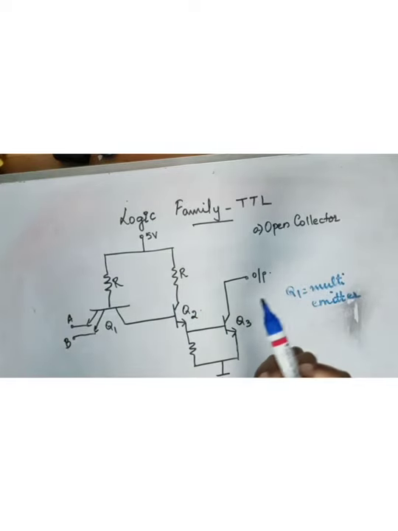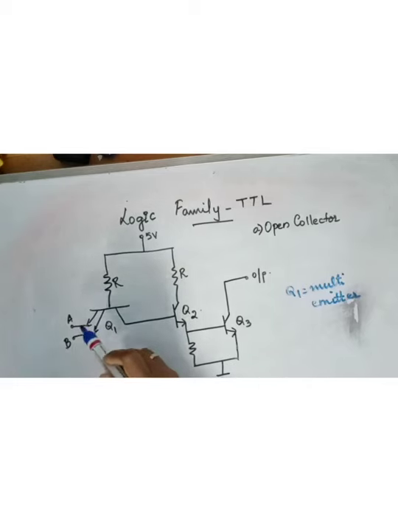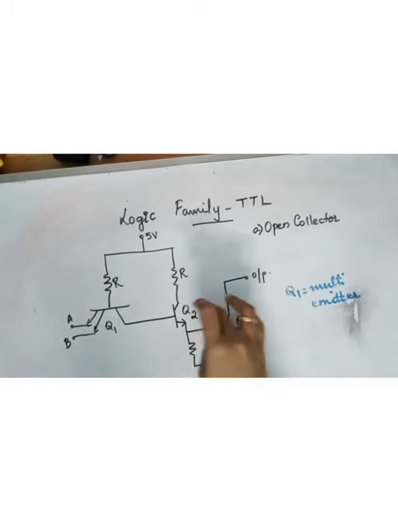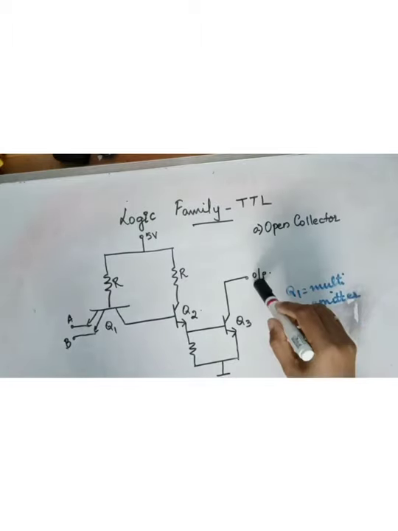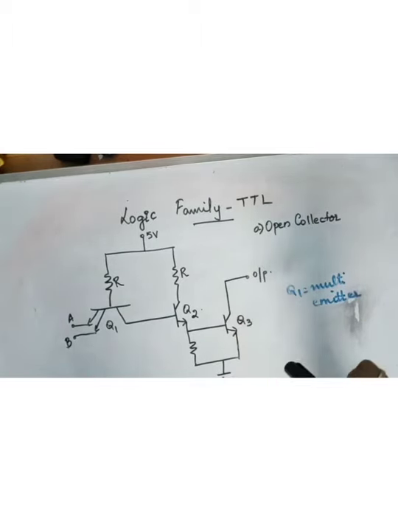Here you have multi-emitter, and depending on how many inputs there are for your gate, so many emitters will be there in this particular transistor. So this is a 2-input gate, so you have 2 emitters. Then you have Q2 and Q3. So we are going to find out what the output is when you apply different inputs. Okay, so output is taken from the collector of Q3.